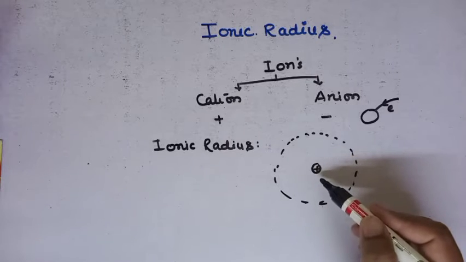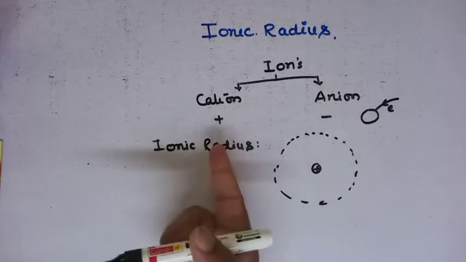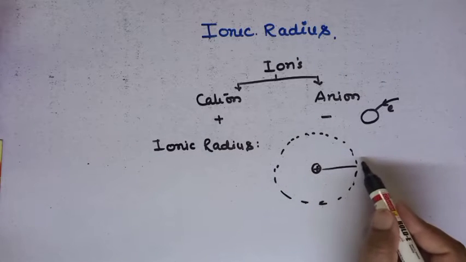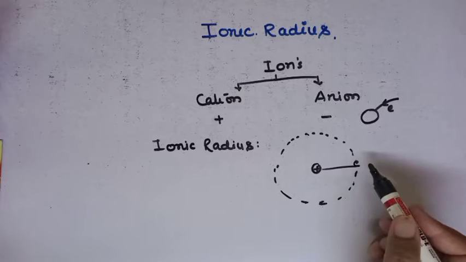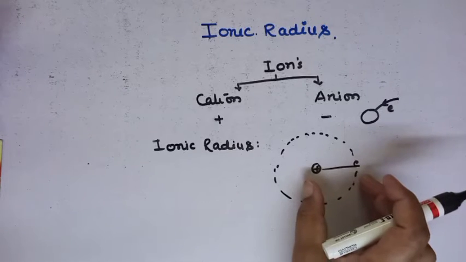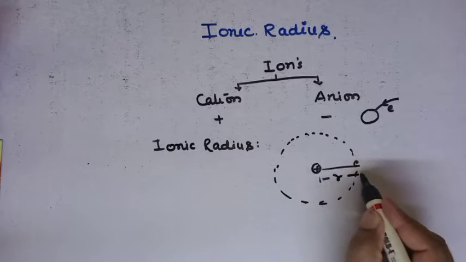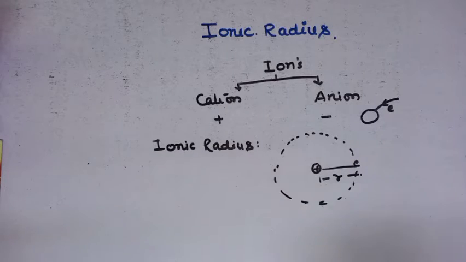So in this case also either it is cation or anion, the distance from the nucleus to this valence shell where the electrons are present, this measure of distance is called as ionic radius.